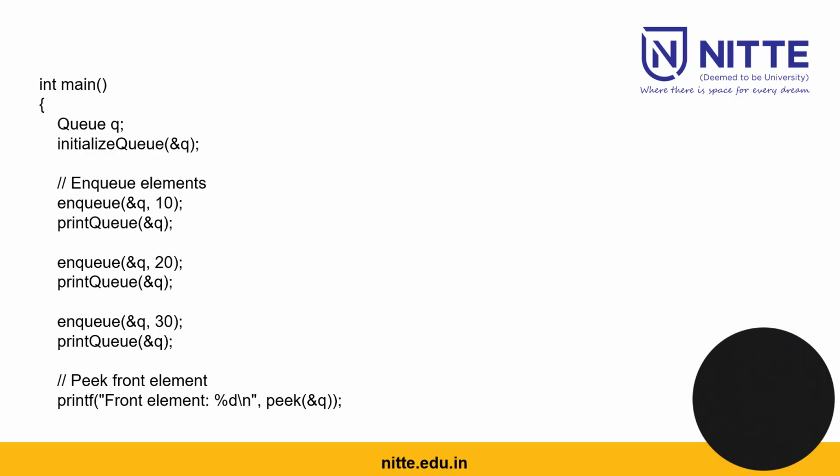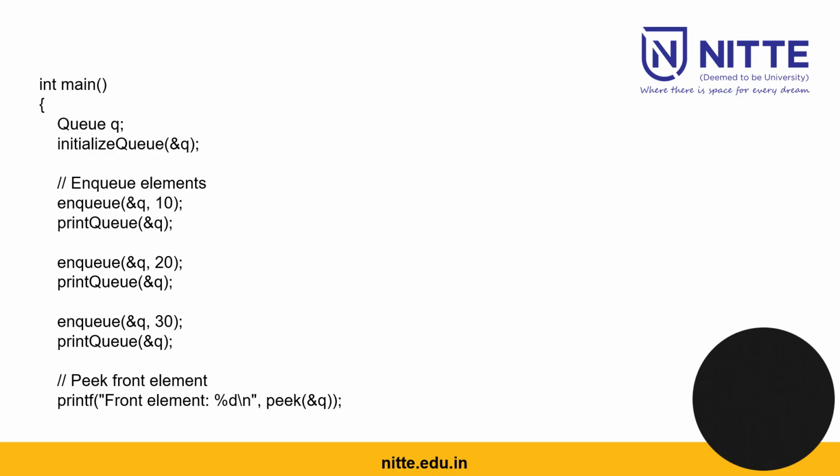Then we will enqueue elements. Enqueue 10 at &q, so 10 will be inserted, then the queue will be printed. Next I will enqueue 20, then print. Then I will enqueue 30, then print. So like this, these elements will be enqueued and printed continuously.